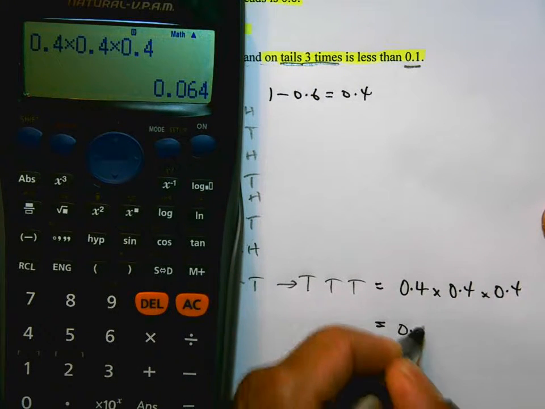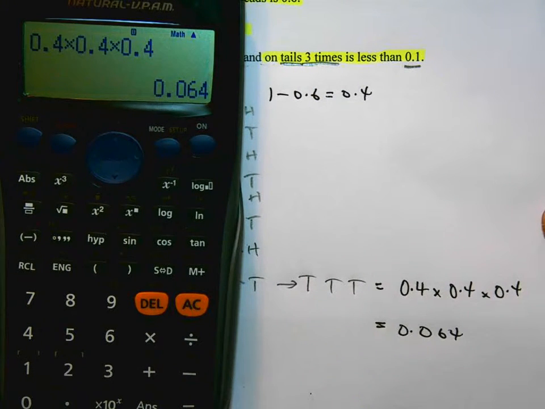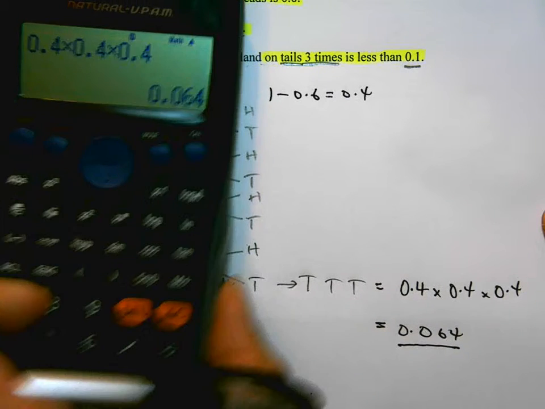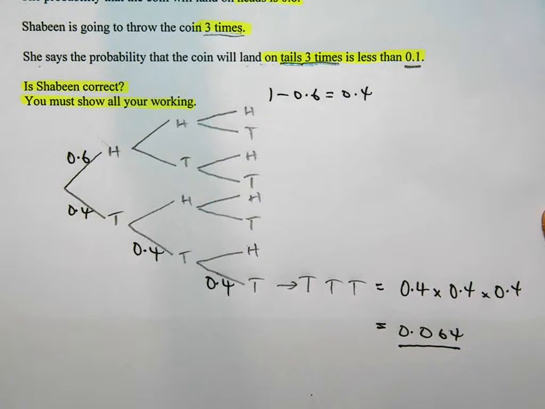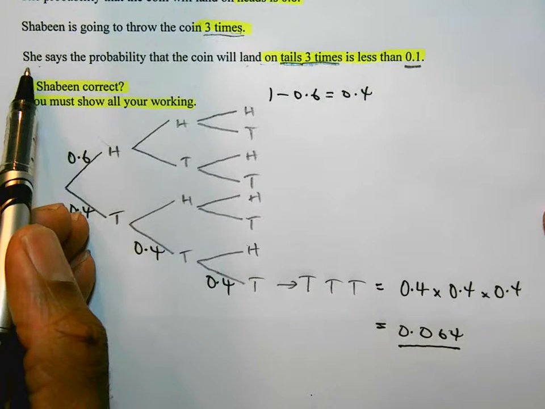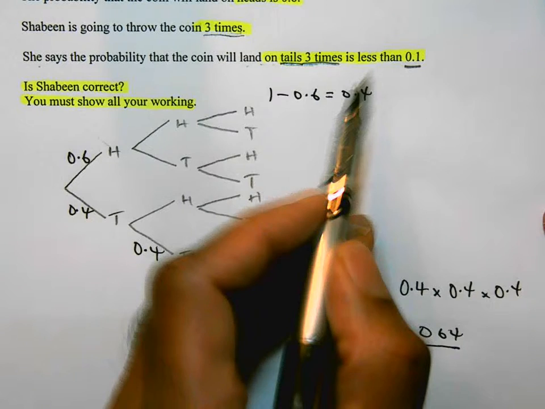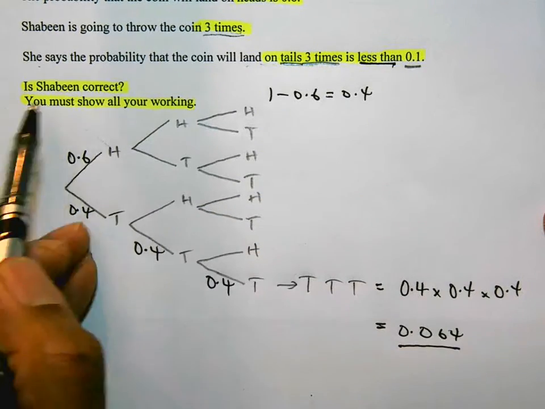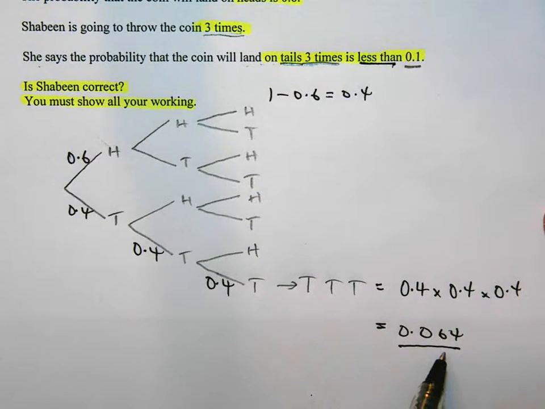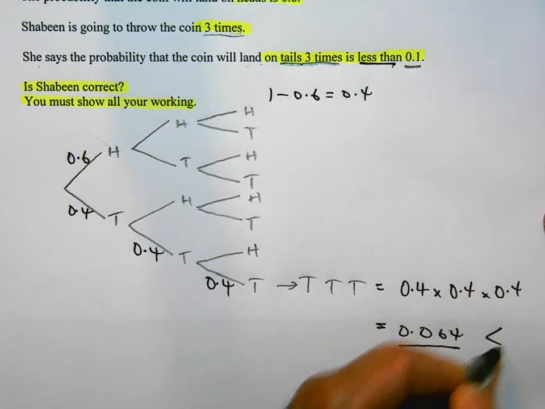Remember, there was a star next to the question. I need to now think about, have I answered the question? She says the probability that the coin will land on tails 3 times is less than 0.1. Is Shabim correct? Now is this less than 0.1? Yes, it is. It is less than 0.1. Okay, so I'm going to write, is Shabim correct? Yes.